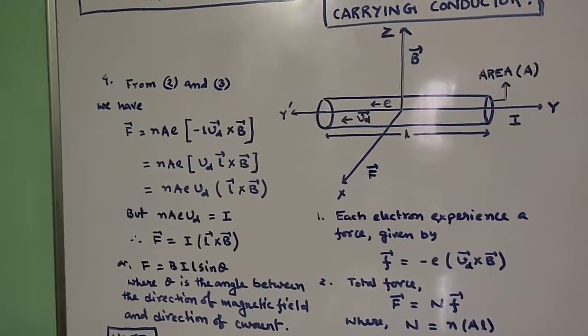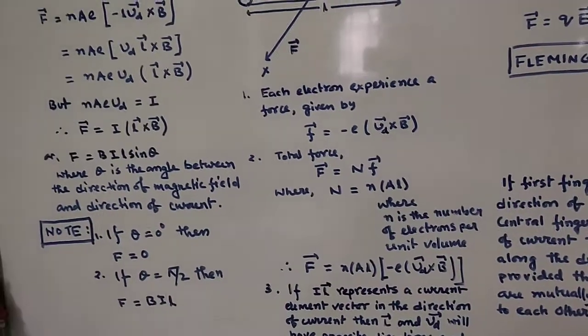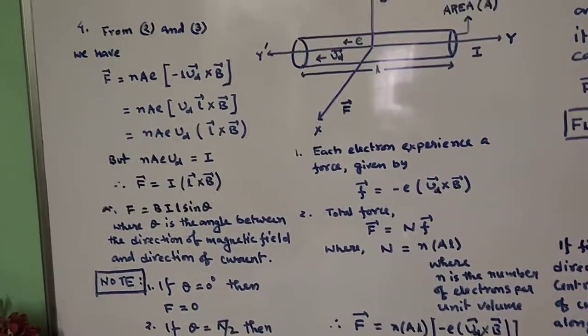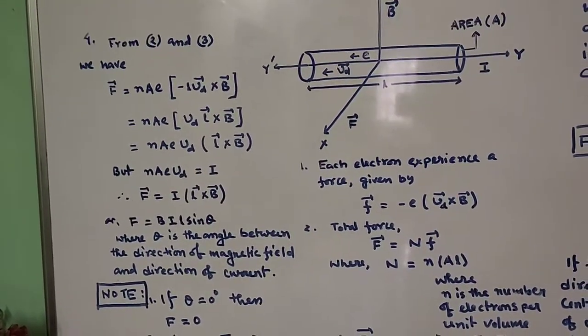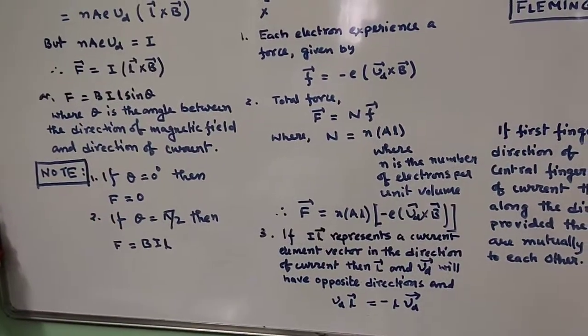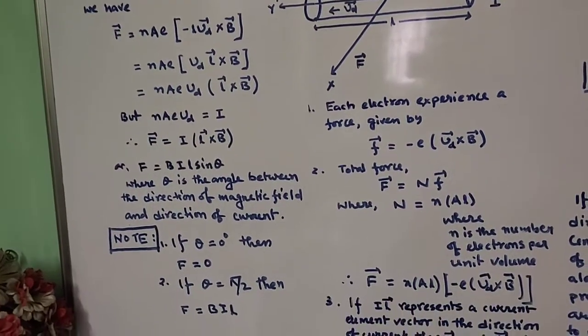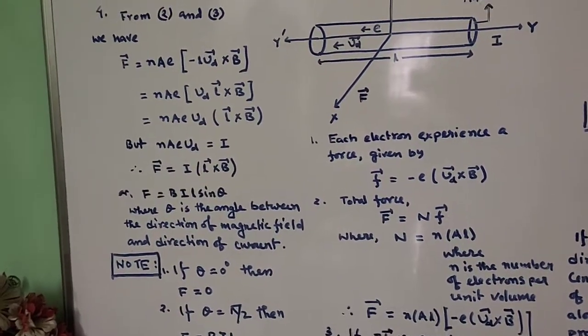So number 4, from 2 and 3, F is n A e and minus L Vd vector cross B vector. The negative sign we are taking out, so Vd L vector, and Vd we have taken out.